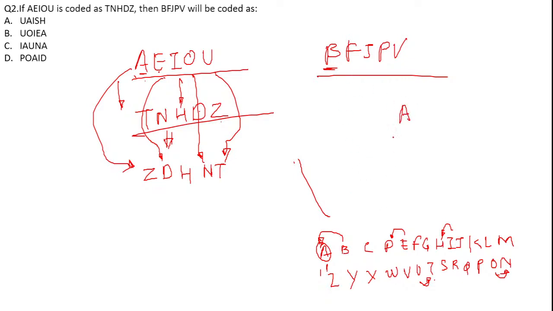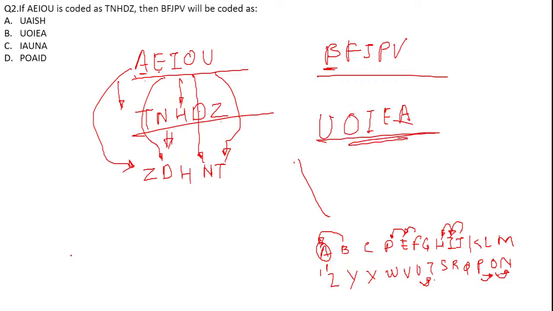Previous of F is E, so we will write E. Then previous of J is I. We will write I. Similarly, previous of P is O. And previous of V is U. Correct?